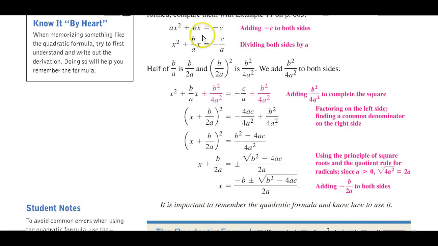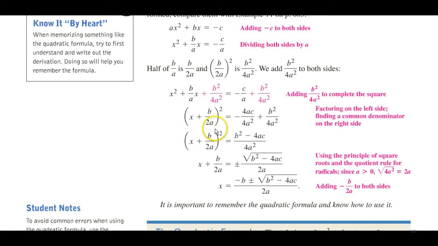And just to go over this a little bit, the first thing they're doing is bringing the c over to the other side. Then they're dividing everything by a. Here the a's cancel out. Then you're taking half of the b term and squaring that and putting it here on both sides. And you factor this into its binomial square. These are like terms.